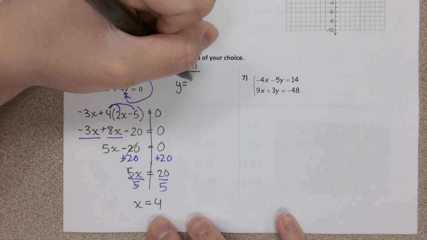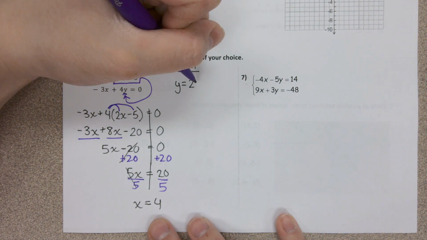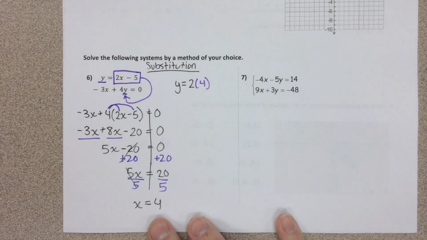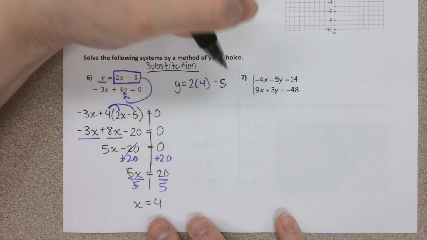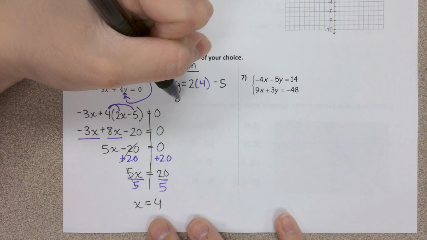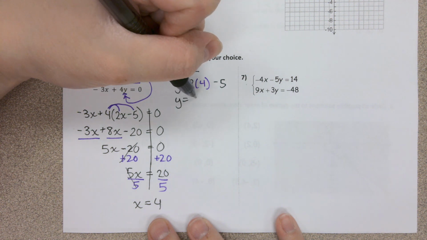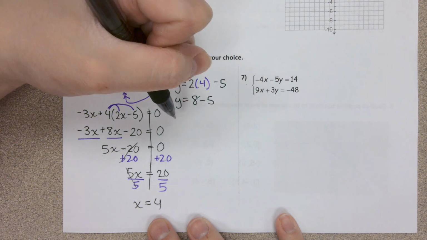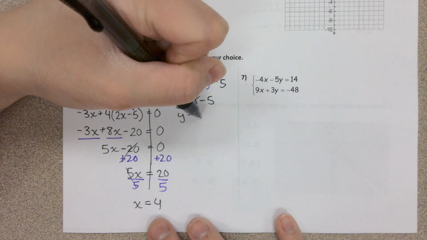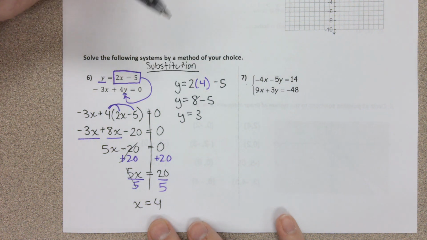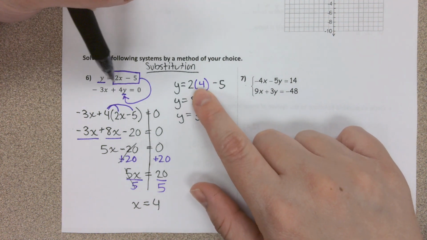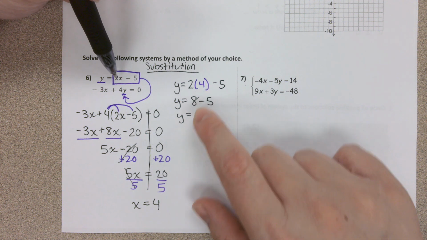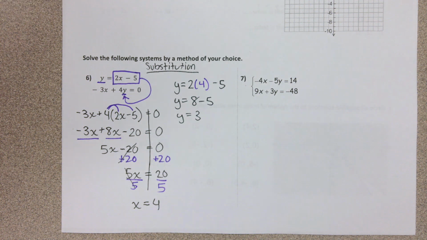We have y equals 2 times 4 minus 5. Y equals 2 times 4 is 8 minus 5. 8 minus 5 is 3. So again, I just plugged the 4 into the top equation for x, and then I was able to solve and get y equals 3.